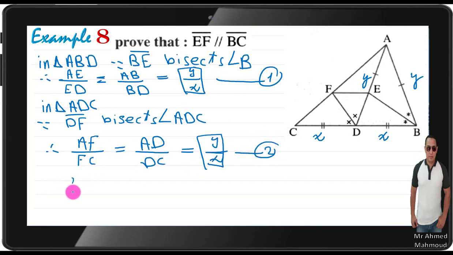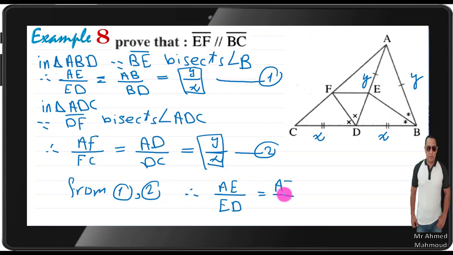From 1 and 2, therefore AE over ED equals AF over FC, therefore EF is parallel to CD.